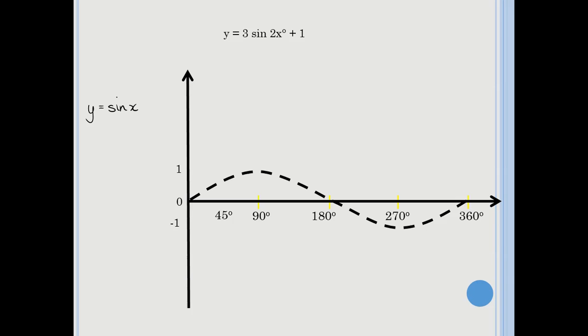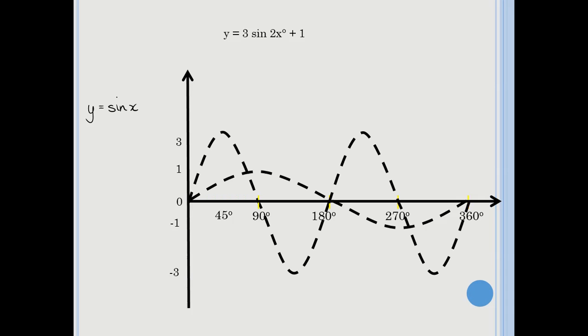Now, we know that our new graph is going to have an amplitude of 3 and negative 3. And we also know it's going to repeat itself twice in 360 degrees. So if it didn't have that plus 1, it would look like that.